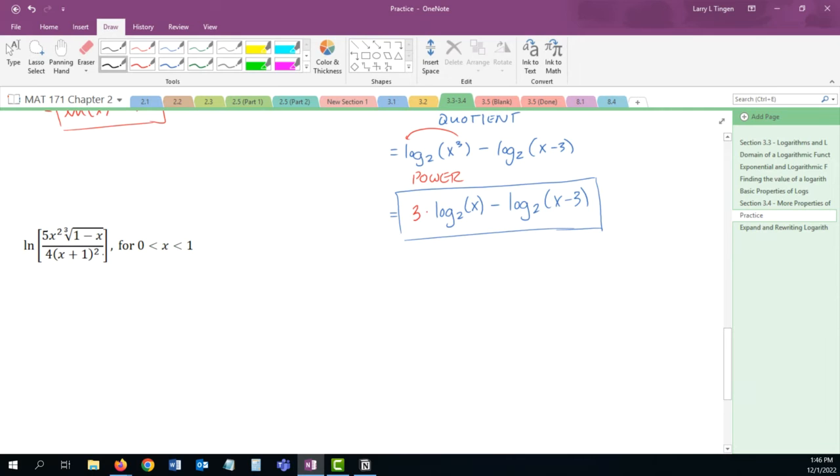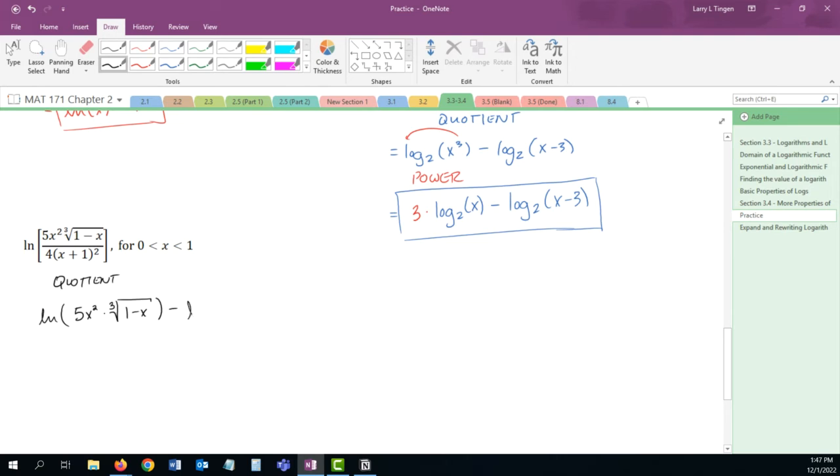I don't have the log of a product or a quotient raised to a power. I have the log of a quotient. So the quotient rule says that the natural log, if I have division, I can rewrite it as subtraction on the outside.